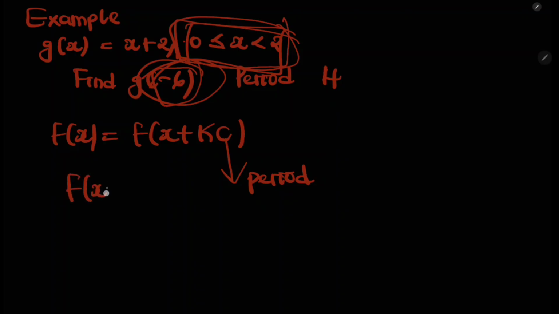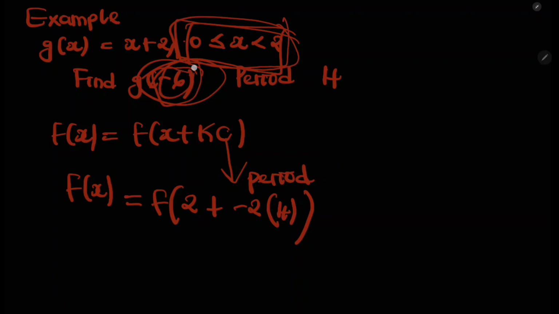So in this case, we are going to have our x as 2, our k will be minus 2 times our period, which was given earlier, 4. So minus 2 times 4 is minus 8, and if we have 2 minus 8, that will give us minus 6. So here, these values for x and k, they are just certain values in which we need to operate to give us this.